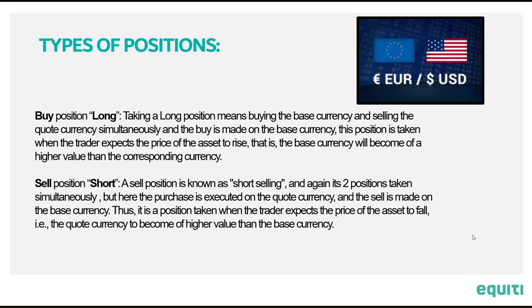Now, the buy position, which again we refer to as long, means buying the base currency and selling the quote currency simultaneously. And the buy is made on the base currency. This position is taken when the trader expects the price of the asset to rise, like I mentioned, from 120 to 125. That is, the base currency will become of higher value than the corresponding currency. To dismiss confusion here, we're basically buying the EUR/USD pair.